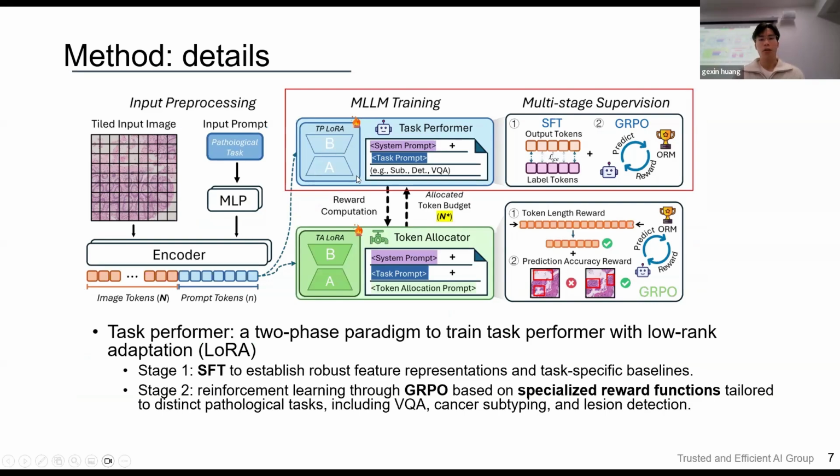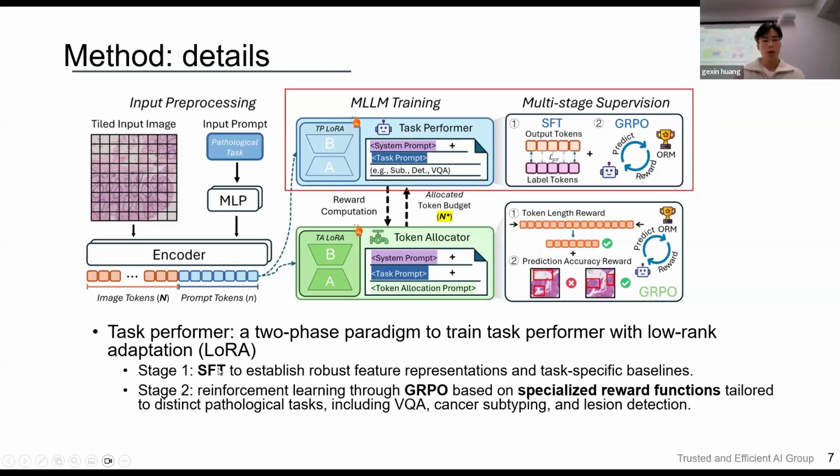First, in the first part, for the task performer, it will utilize a two-phase paradigm to train a task performer with low-rank adaptation, which is LoRA.